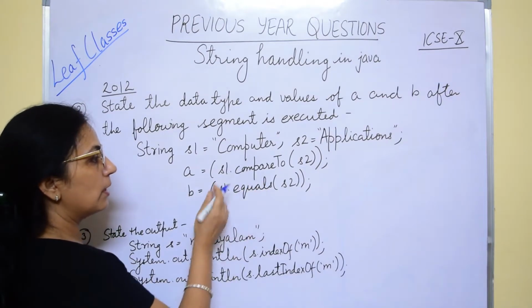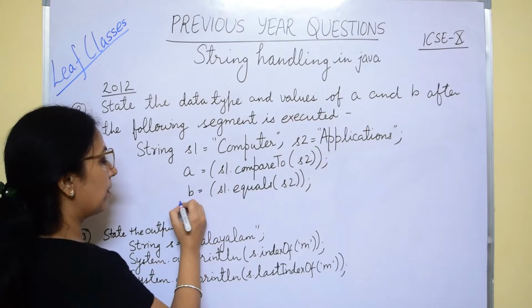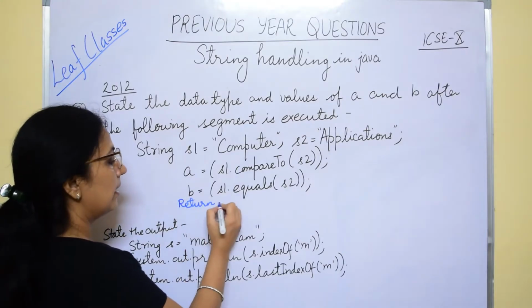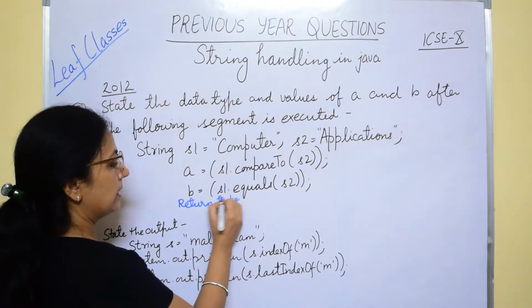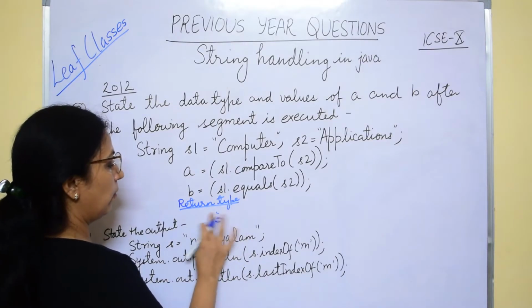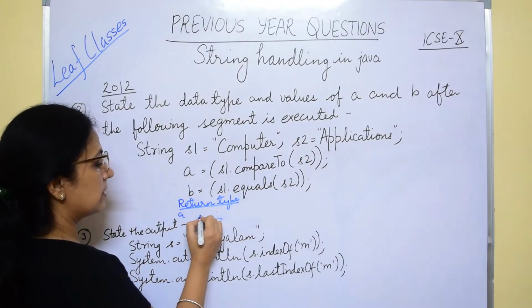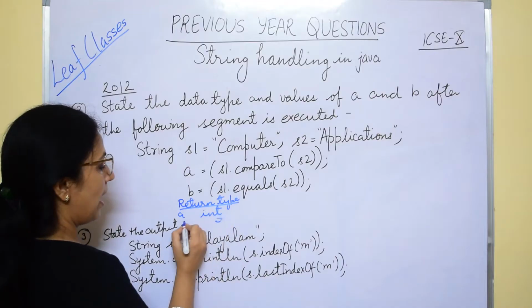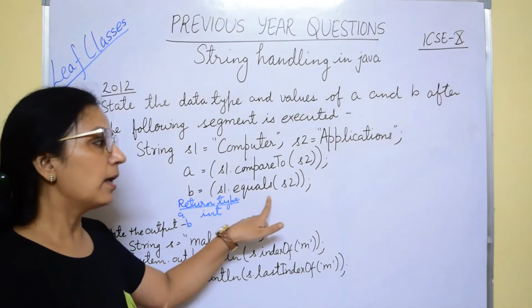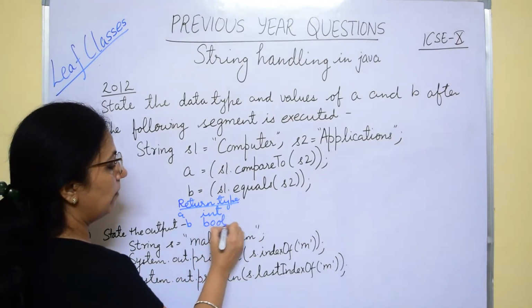The compareTo function gives you the value in int, so you can write the answer like this: return type for the variable a is int, and for b, the equals function always gives you a Boolean answer, so it will be boolean.